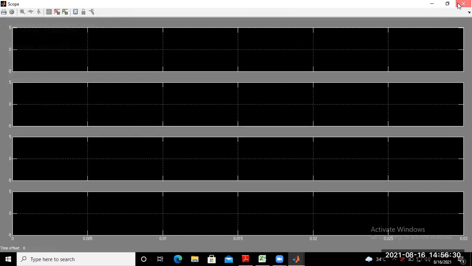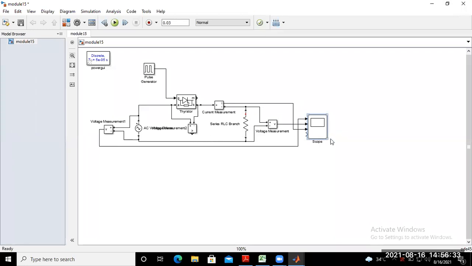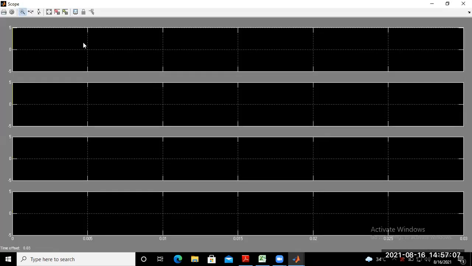Okay, now if you connect this voltmeter in this place, and again run this model and observe the voltage variation. Now your model is compiled. Now if you click on this, 4 axes will be created here.